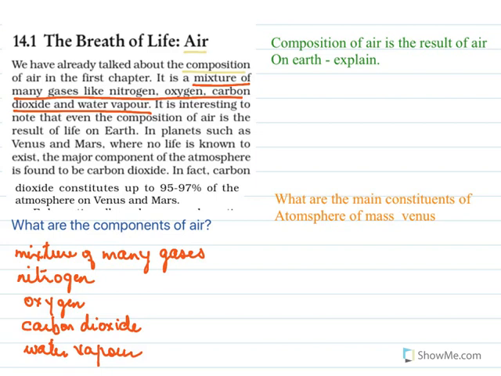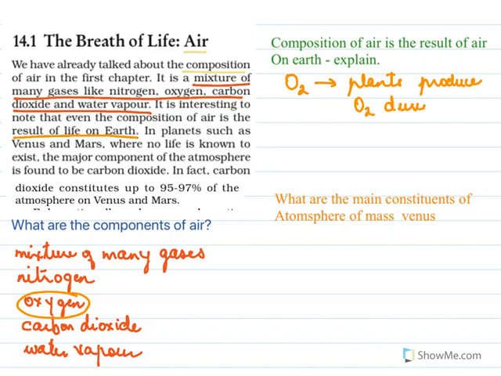Then it is interesting to note that even the composition of air is a result of life on Earth. The oxygen that is present on the Earth is due to the plants that are present on the Earth. It's the plants that produce the oxygen. If not for the plants, there would be no oxygen on the Earth.